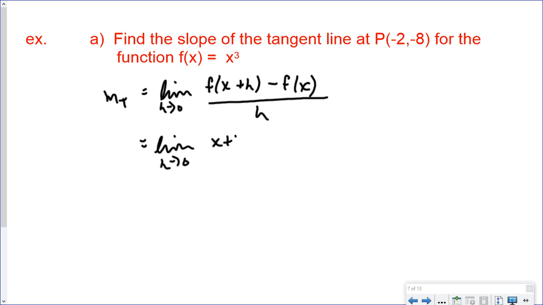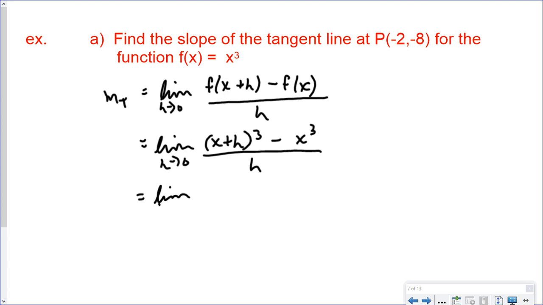So x plus h has to be raised to the power of 3. In the last section of the homework, I reviewed really quickly binomial expansion, so x plus h to the power of 3.